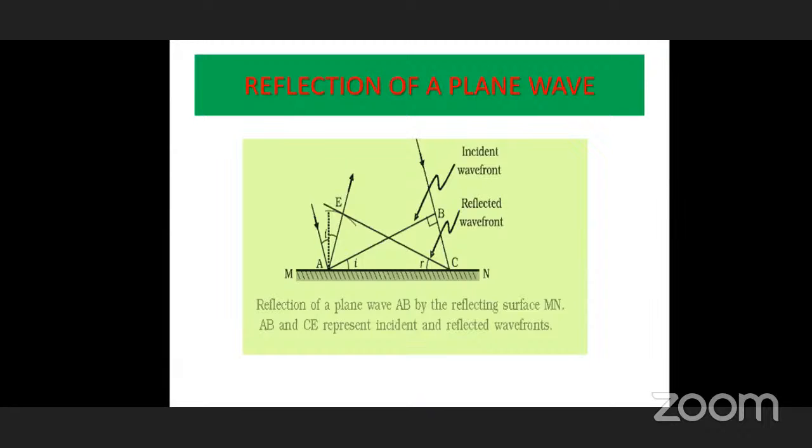Now, what about the triangles? Consider the two triangles AEC and ABC. Comparing these two triangles, the angle AEC we can take as exactly 90 degrees at E, as this is the arc and AE is the radius.